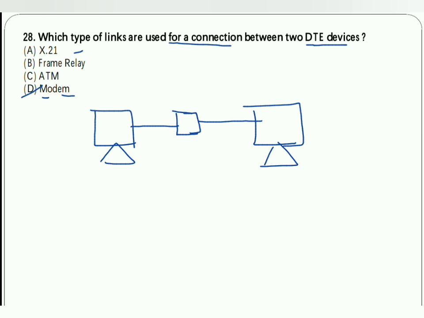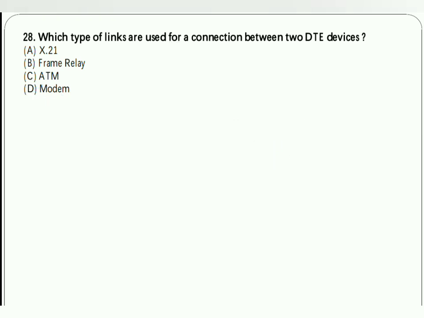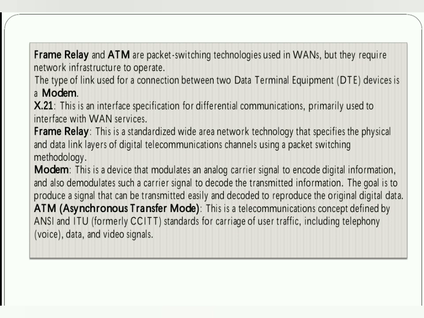Let us know about the remaining options also. We use X.21, frame relay and ATM in the wide area network. Frame relay and ATM are packet switching technologies used in wide area networks, but they require network infrastructure to operate. So we use the modem to establish a connection between two DTEs.